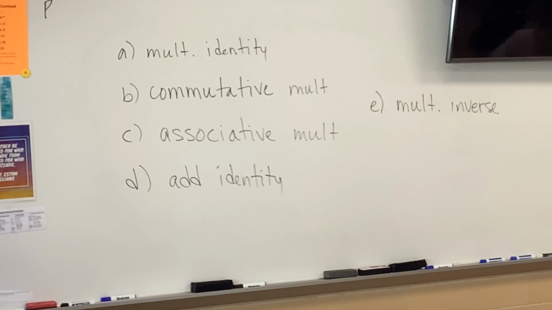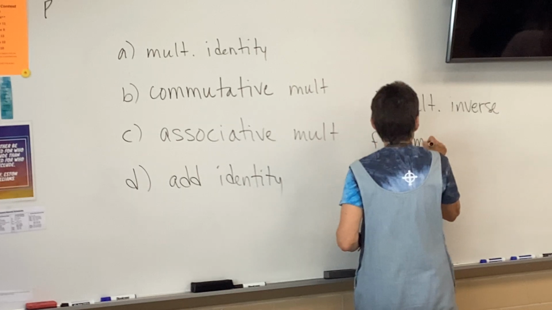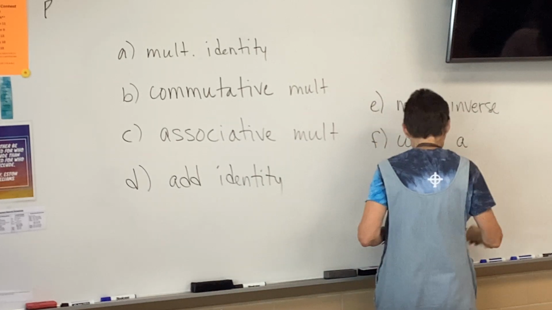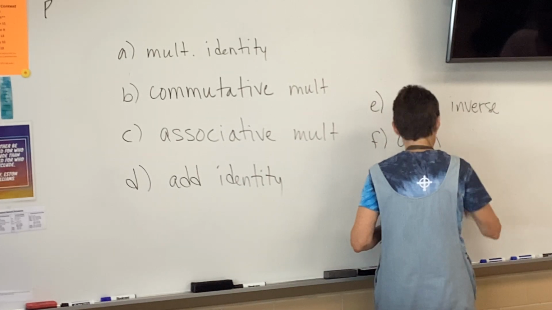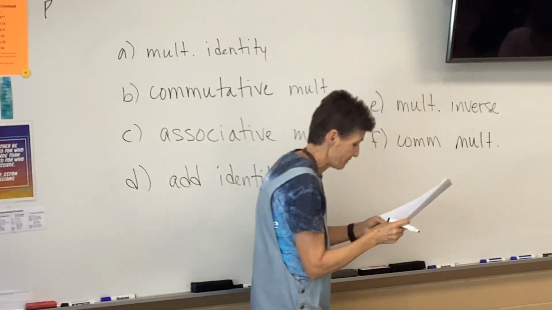F, look at it. What happened? Commutative. Look at the A and B. Didn't they move? Didn't they switch places? So that's another commutative. Whoops, not an addition, multiplication. You're allowed to abbreviate.